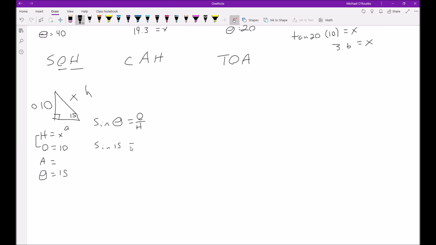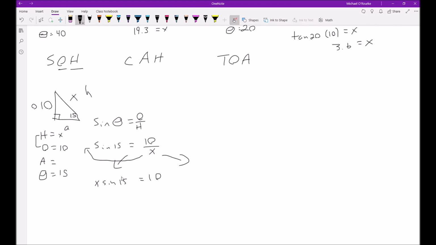Sine 15 equals 10 over X. Now I have to rearrange it because I need that X there. There's two ways I can rearrange this. One, I can move this over to the other side. So it's a divide over here, so it comes over and becomes a multiply. So X sine 15 equals 10.